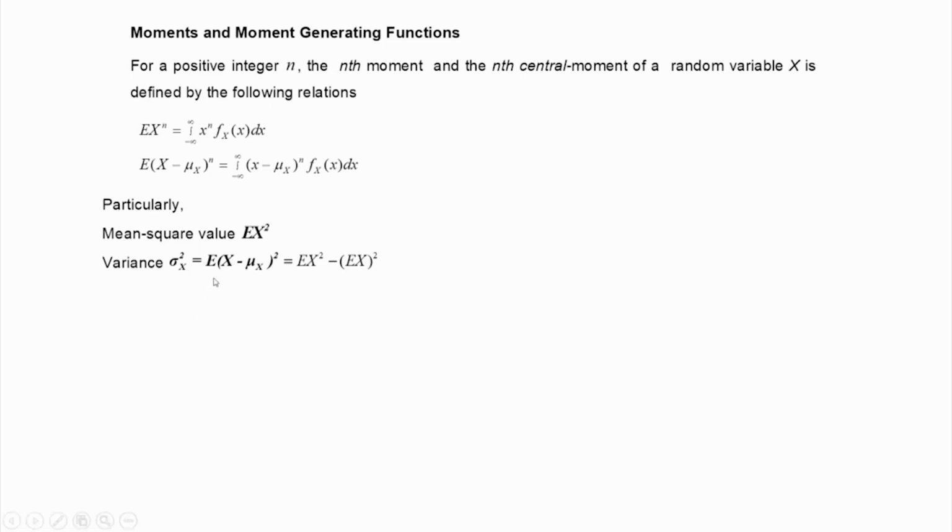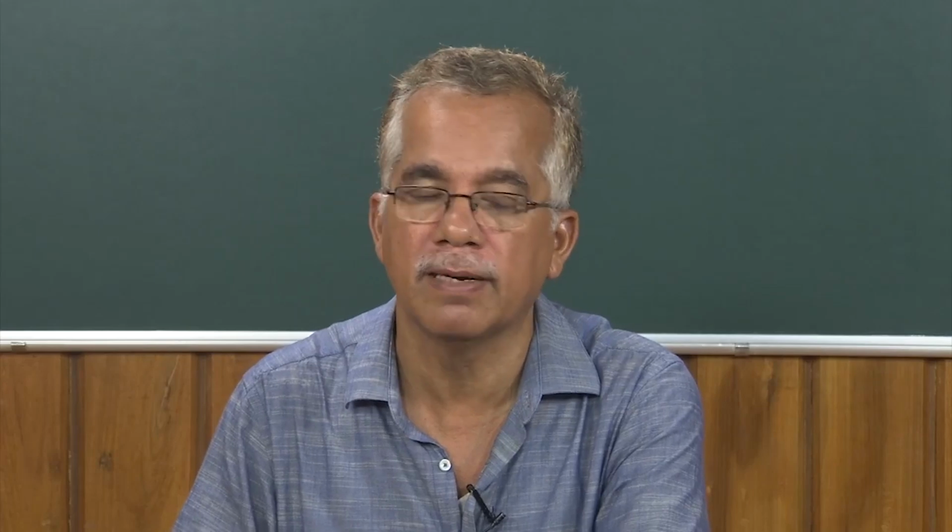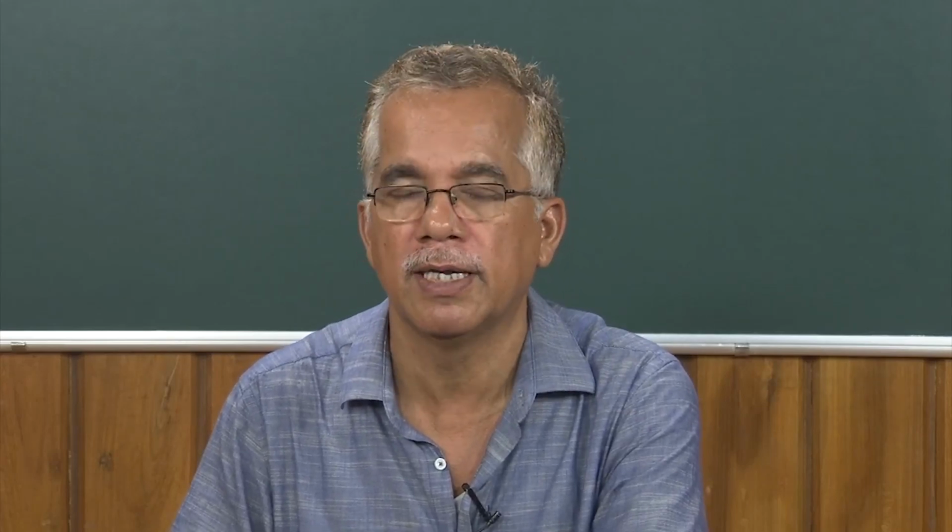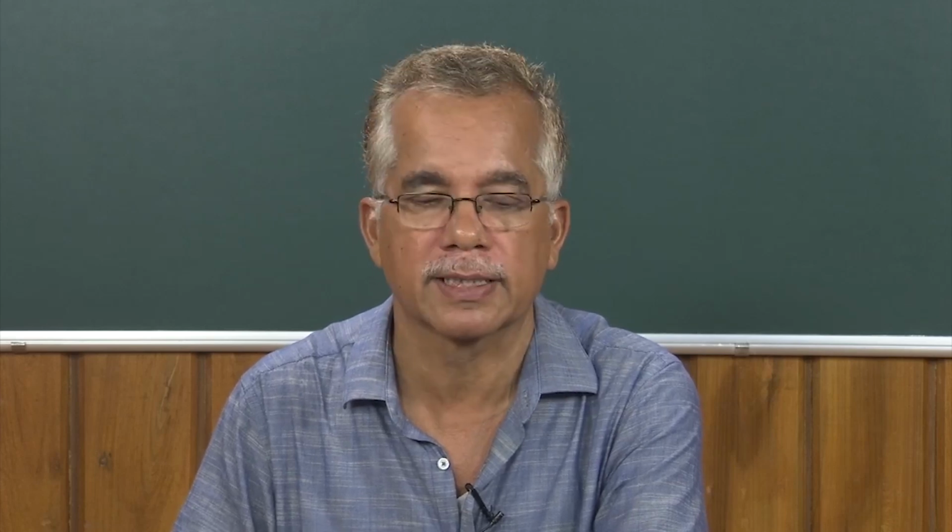It is given by E of x minus mu x whole square, and this we can also write in terms of the mean square value E of x square minus the square of the mean. This expression we can simplify. So, that way we can define mean and variance, which are two important parameters of any random variable x.